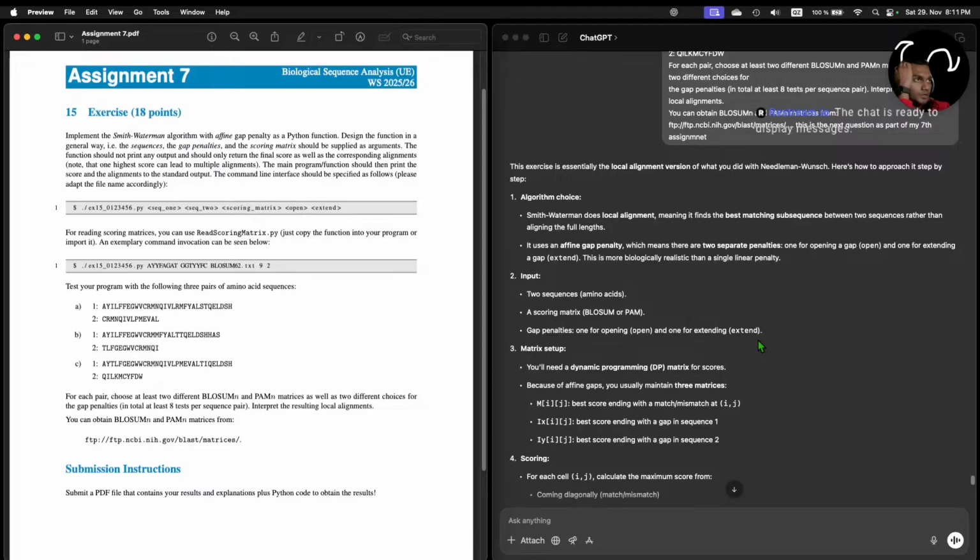Input: two sequences, a scoring matrix, and gap penalties, one for opening and one for extending. Matrix setup: you'll need a dynamic programming matrix for scores. Because of the affine gaps, you usually maintain three matrices.